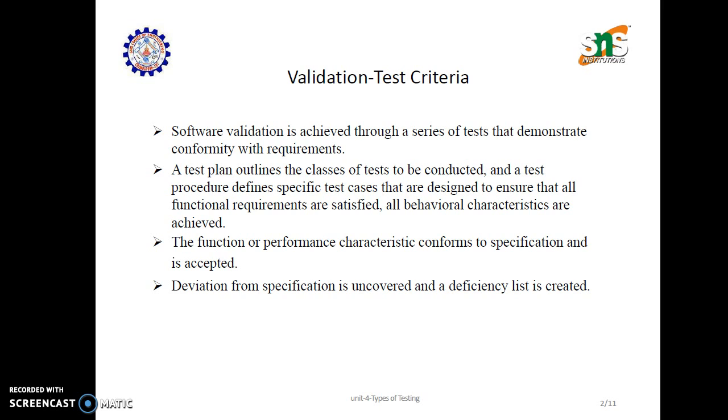A test procedure defines specific test cases to check whether all functional requirements are satisfied or not. Here, if the performance characteristics conform to the specification, it is accepted. If a deviation from specification is uncovered, a deficiency list is created.